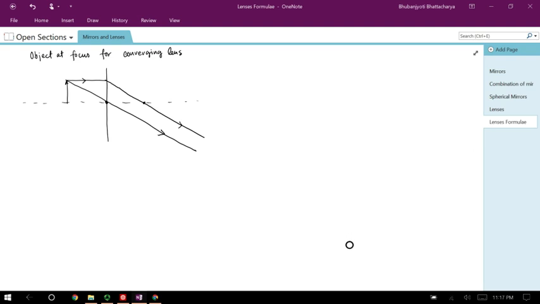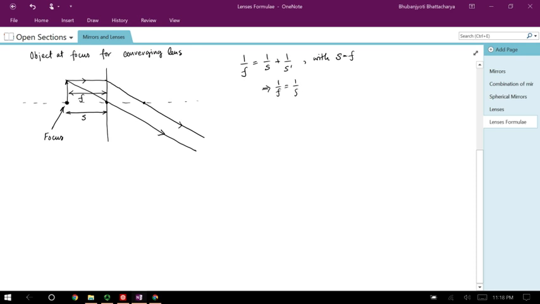Okay, how do we see this in math? Well, my object distance, this is my S, but this is also the focus, so this is also equal to F. Now let's plug it in. 1 over F equals 1 over S plus 1 over S prime, with S equal to F. This is only possible if 1 over F equals 1 over F plus 1 over S prime, which means S prime is equal to infinity, or you can say undefined.